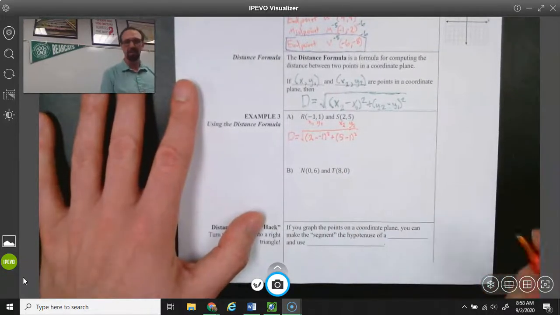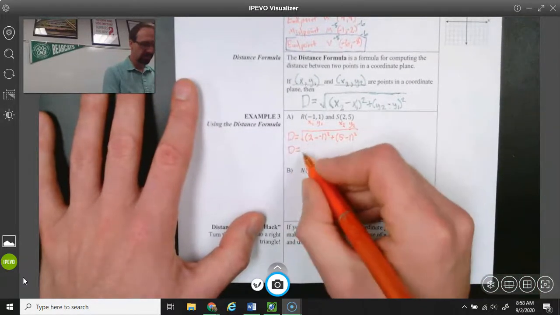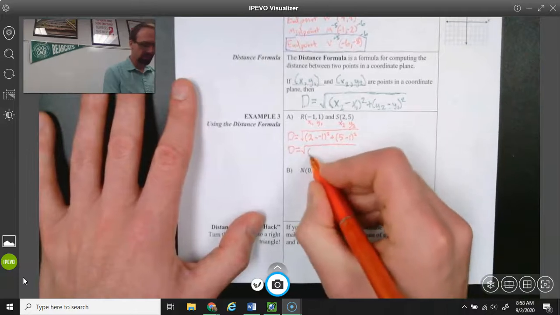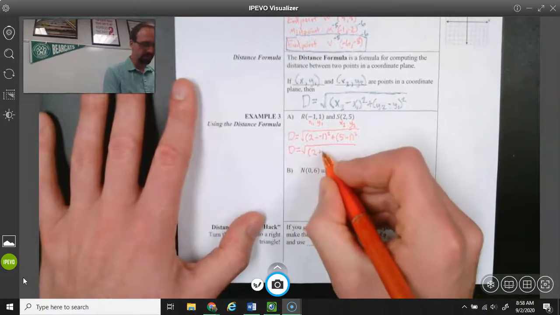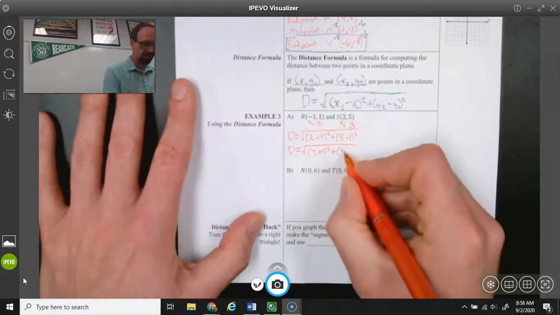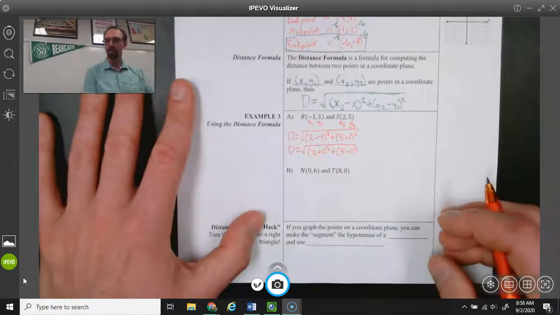Simplify everything inside the parentheses first. So we have d equals the square root of 2 plus 1 squared plus 5 minus 1 squared.